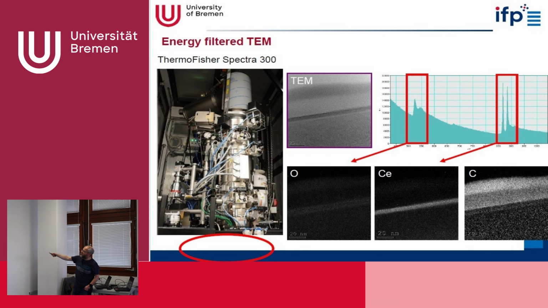With these electrons, we can make an image, and this gives then the distribution of the cerium atoms. In a similar way, we could do it with oxygen. Unfortunately, this is not really visible here on the beamer. Similar for carbon, but carbon is not here now in the spectrum. So this technique is then called energy filtered transmission electron microscopy.